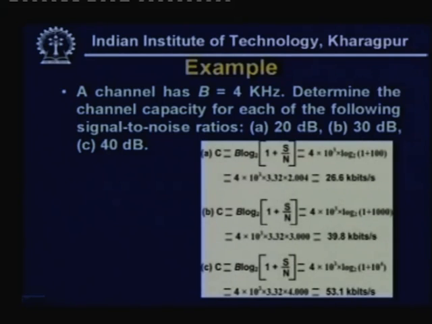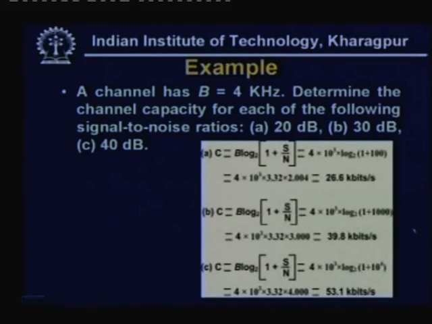We find 20 dB is essentially a signal to noise ratio of 100. The Shannon capacity is essentially equal to 26.6 kilobits per second. For 30 dB, it is a signal to noise ratio of 1000. It gives a channel capacity of 39.8 kilobits per second. And for a signal to noise ratio of 40 dB, we get a channel capacity of 53.1 kilobits per second.